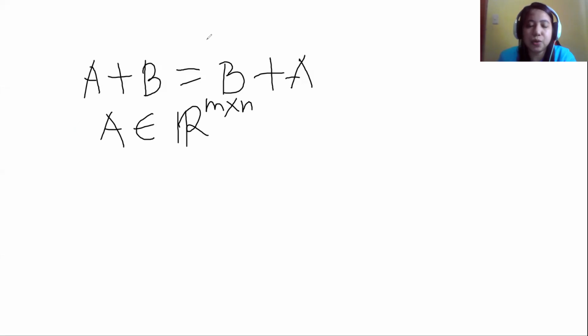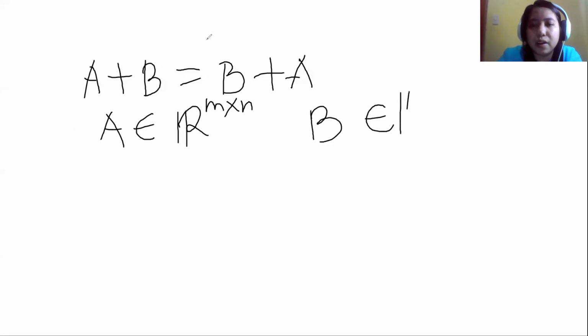So the elements of our matrix A are real numbers. And then we also let B be an element of the real numbers raised to M times N.